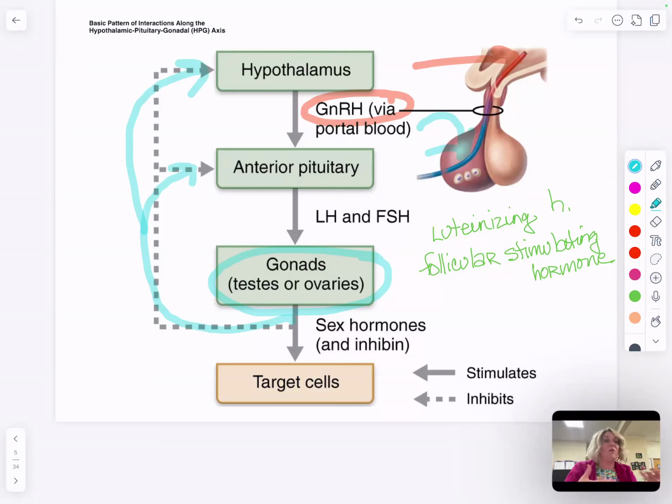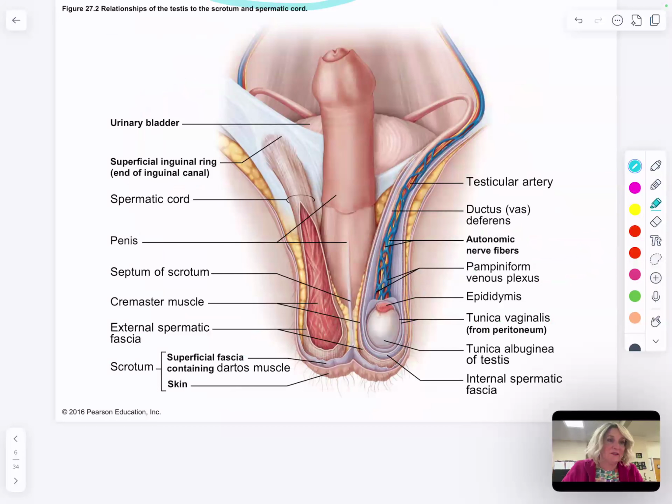We need to have more hormone released. And so it's going to produce more. And then it gets to the target cells, like could be the secondary sex cells, like hair growth, things like that. Could be a lot of different things.